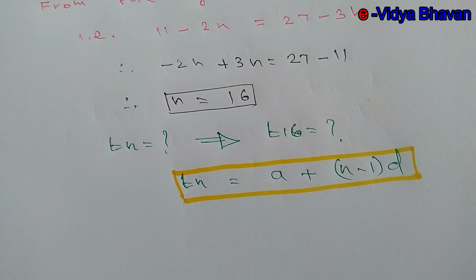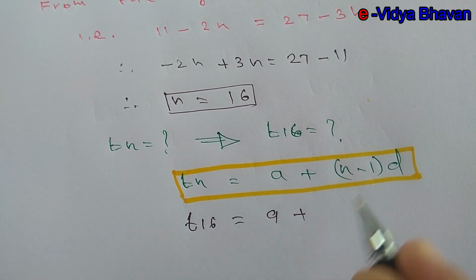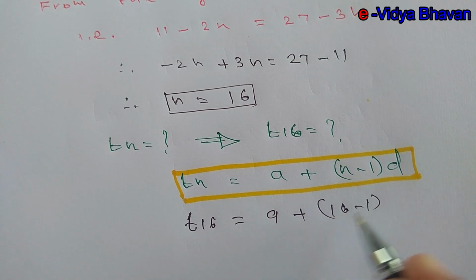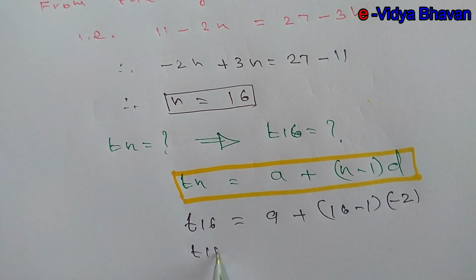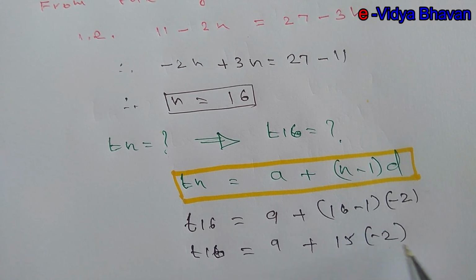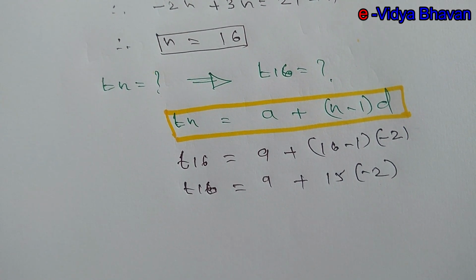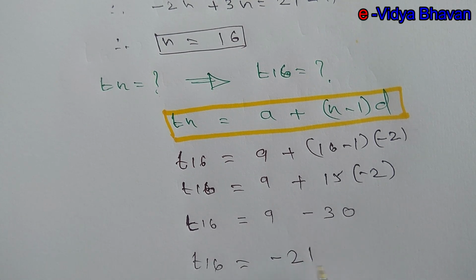Now we can substitute for T16. T16 equal to a which is 9, plus 16 minus 1 into d, d will be minus 2. That is T16 is equal to 9 plus 15 into minus 2, that is T16 is equal to 9 minus 30, which gives me minus 21.